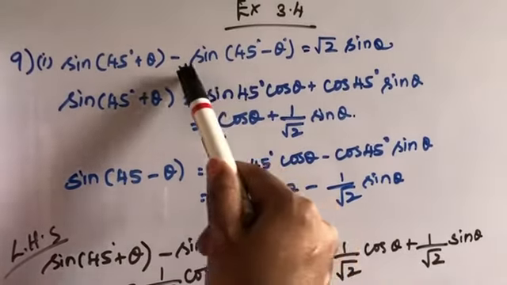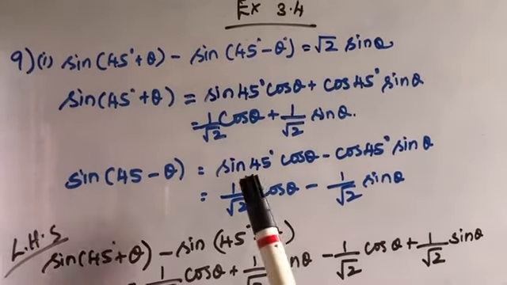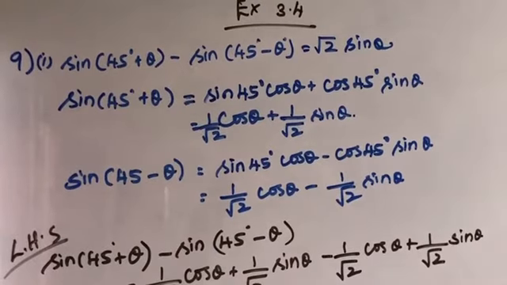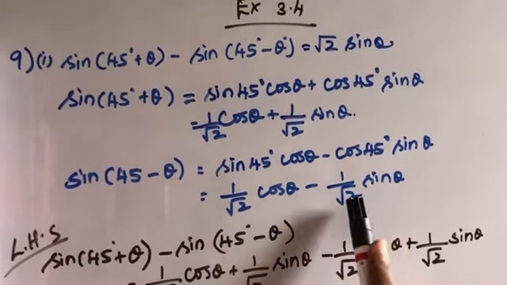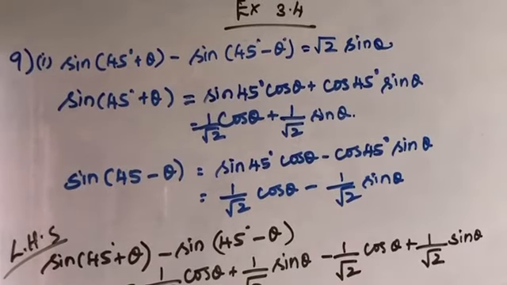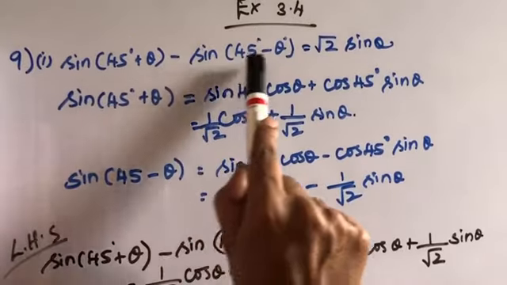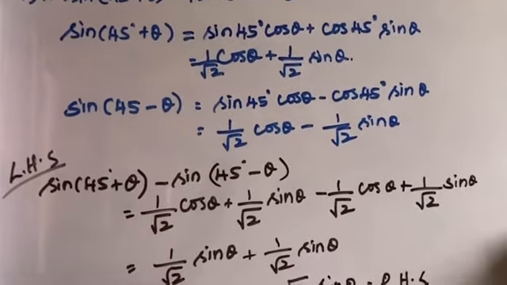Now I take the second one, sin(45 minus theta): sin 45 cos theta minus cos 45 sin theta. Sin 45 is 1 by root 2 cos theta minus 1 by root 2 sin theta. Now I will take the left hand side, sin(45 plus theta) minus sin(45 minus theta). Here you can substitute the values.